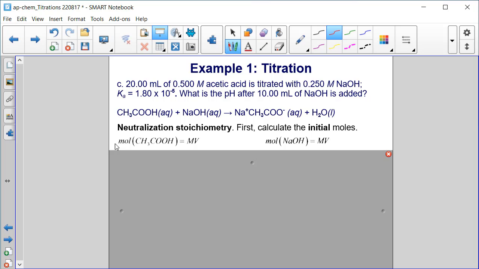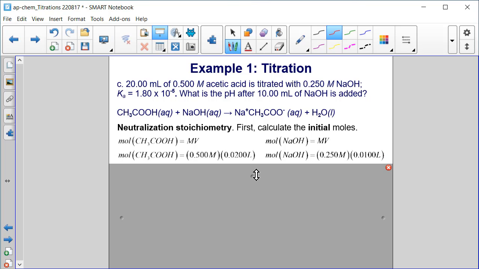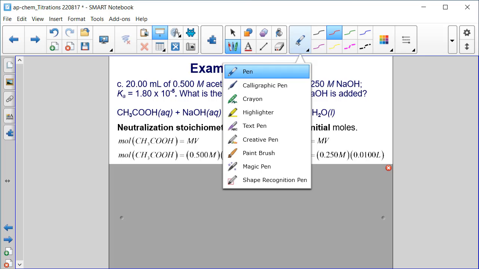So the initial moles of the acetic acid will just be the concentration times the volume of the acetic acid. Same thing for the NaOH: the concentration of the NaOH and the initial volume of the NaOH that's added. So I'm just substituting here. Let me use a highlighter. It might be a little easier to see.